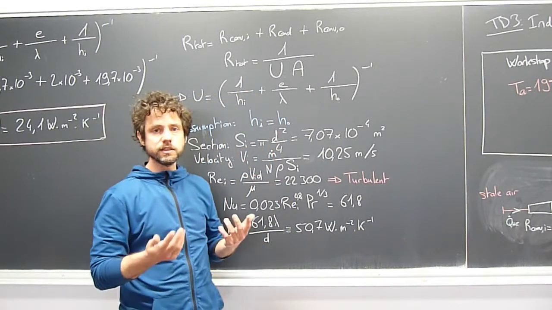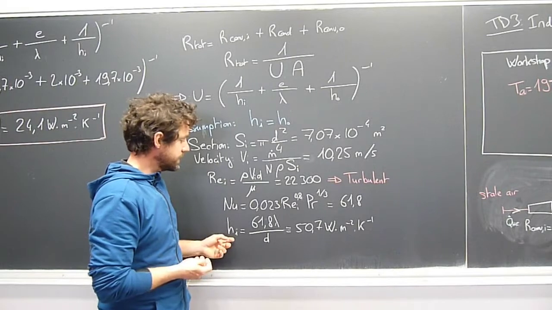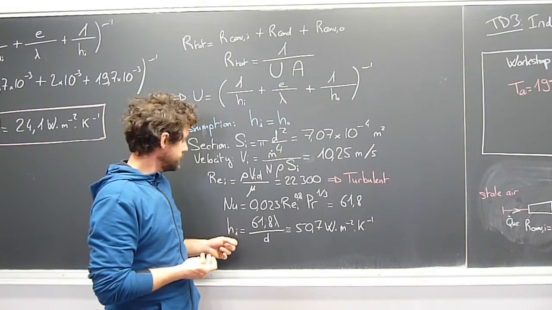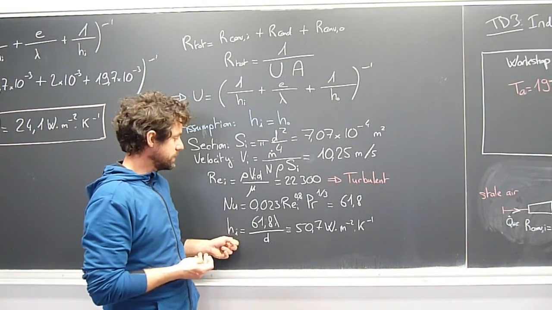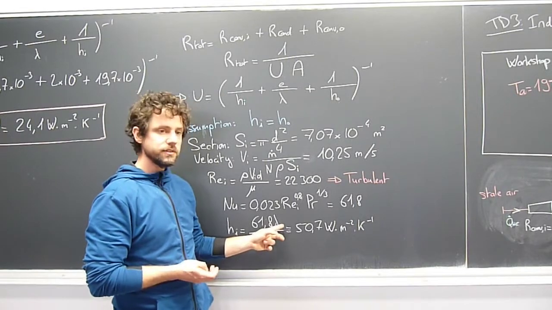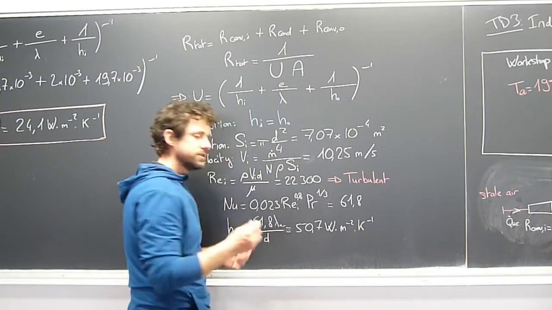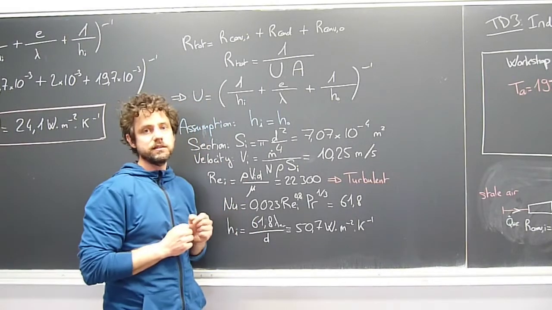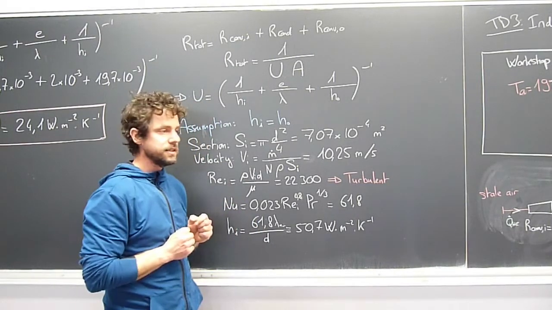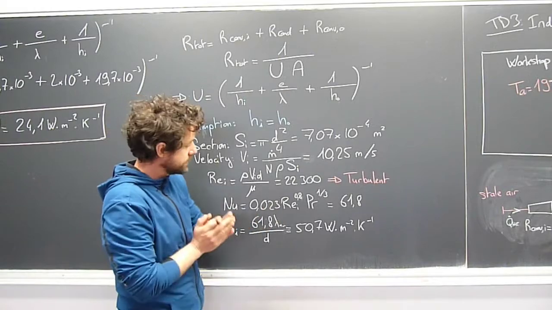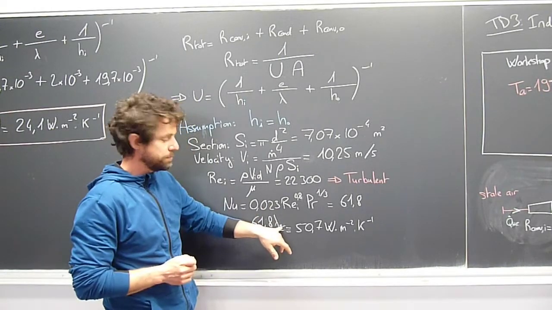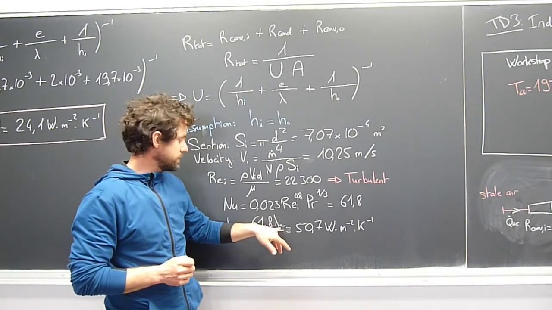Using this Nusselt number, we can now calculate the inner convective heat transfer coefficient using the conductivity. So be careful here, we are speaking about heat transfer inside the air that is flowing inside the pipe, so don't mix up the conductivity.